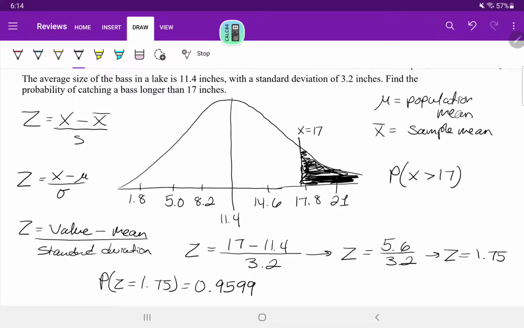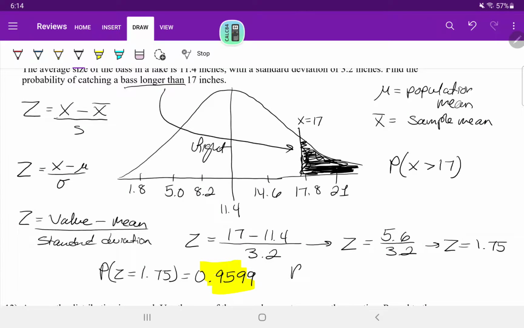Remember, every probability on the z-score table is the area that is shaded to the left. However, in this case, it says longer than 17 inches, which means the area is shaded to the right. And to find the probability of right shading, you take this probability and subtract it from 1.